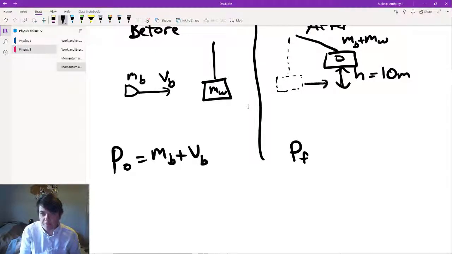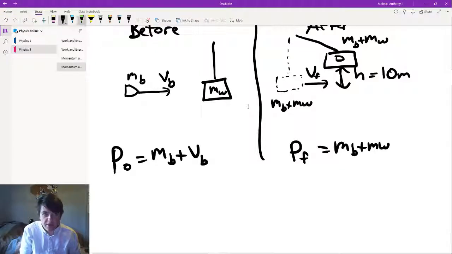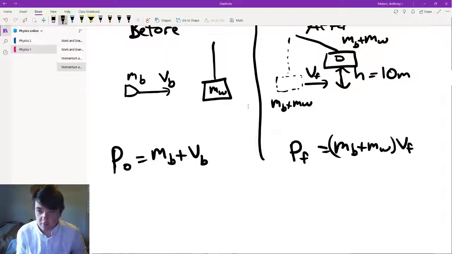Sorry, I forgot to draw that for you. MB, because they're moving together just like the trains, MB plus MW, and they're moving at V final, okay? Because they're going to move that way, and then they'll go up. So we're going to treat it like a one-dimensional problem.